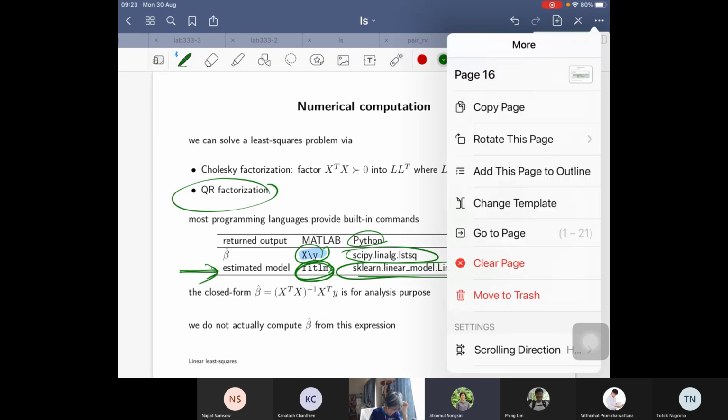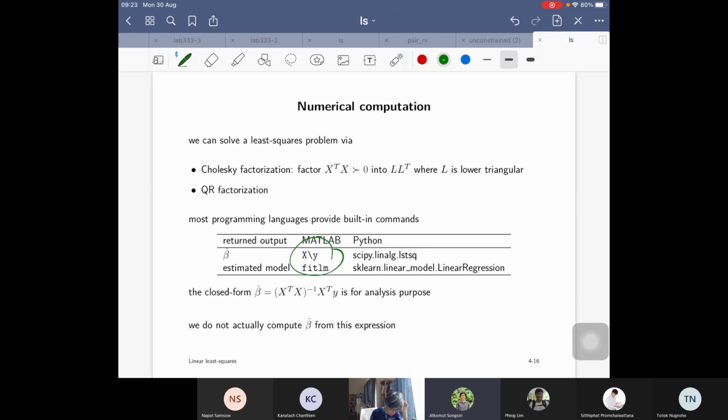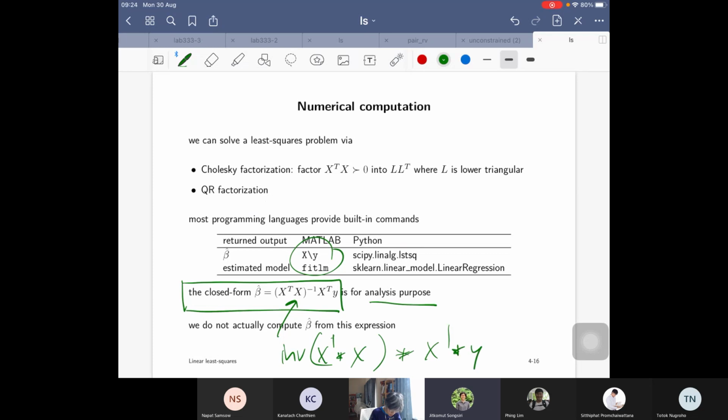Let me remind you again that you can of course use these to solve the closed form that we derived, but that is for analysis purposes. We're going to use it to analyze further the properties of the least squares solution. You don't actually type X transpose X, then the inverse, then times X transpose times y.